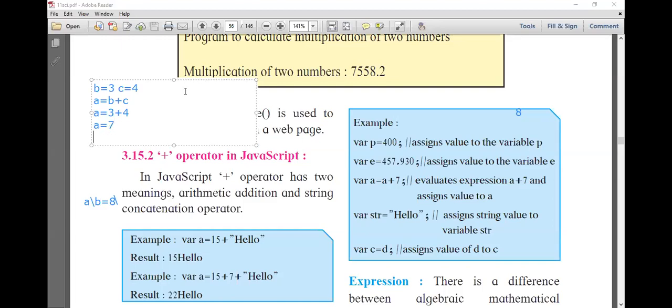This is a pure addition. By using the plus operator, we can do addition.